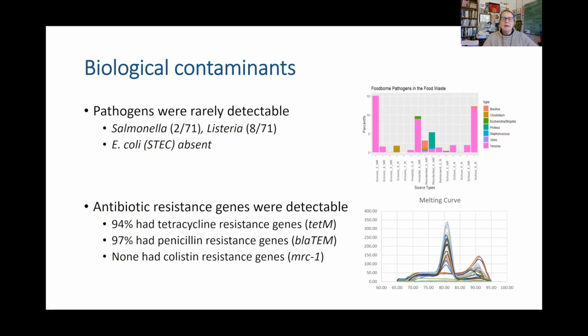But maybe of more concern to me was the presence of antibiotic resistance genes. Almost all of our samples contained some antibiotic resistance genes, whether they were tetracycline or penicillin resistance genes. And the issue here is that antibiotic resistant genes are typically present on mobile genetic elements, which means that bacteria can trade them.